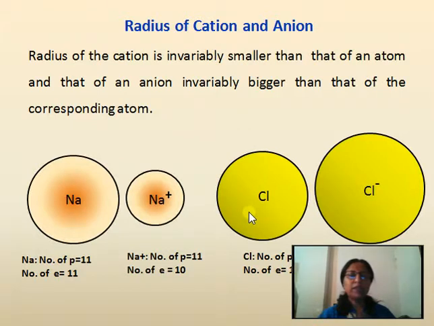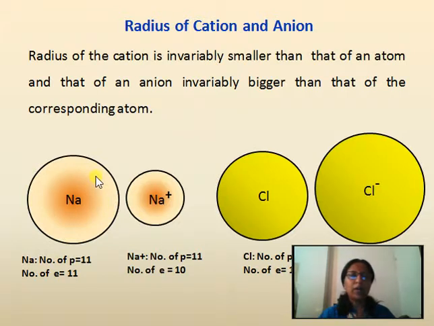So why is this happening? You see here I have taken the example of sodium and Na plus, and chlorine and chloride minus. In sodium, the atomic number is 11, so the number of protons in the nucleus is 11, and in the neutral atom the number of electrons is also 11.